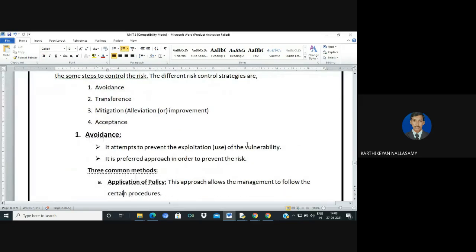Avoidance means we try to prevent the risk. That is the meaning of avoidance. So we always apply some kind of control to the vulnerability, which means we try not to use that kind of information inside the organization.